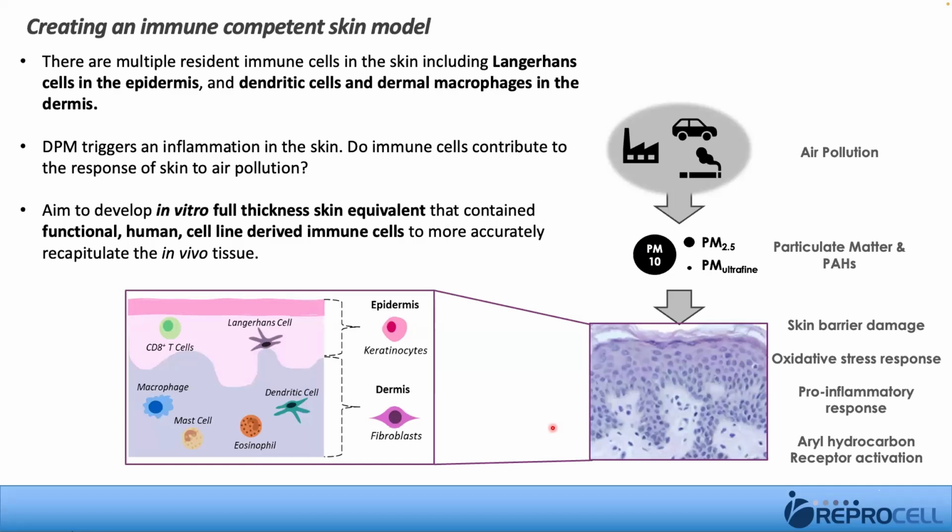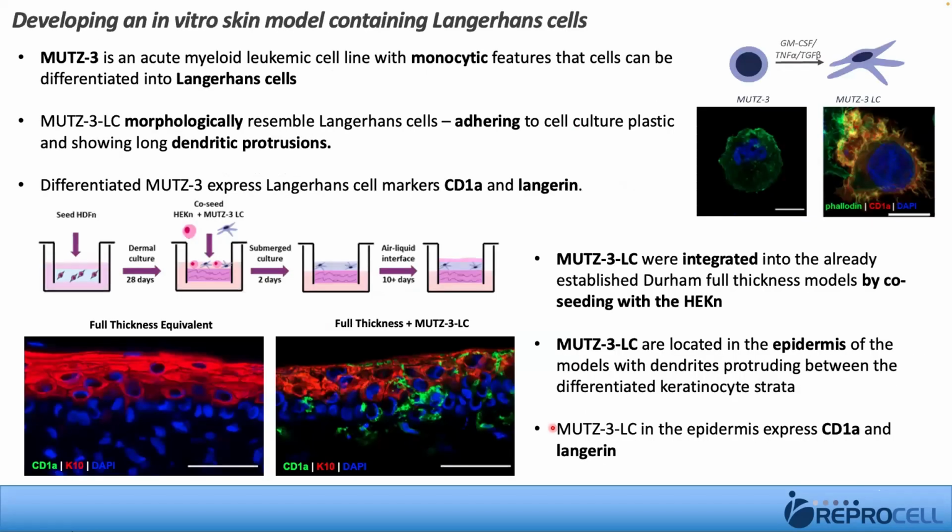We can also incorporate immune cells into our model. So in this study, we were interested in the exposure of the human skin to particulate pollution from diesel fumes. So we incorporated Langerhans cells into the epidermis. These were derived from the MUTZ-3 lineage and then incorporated into the skin. You see the green cells here. This is a marker of the Langerhans cells.